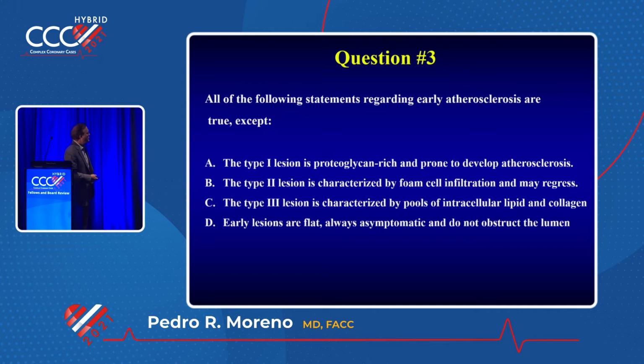The type 2 lesion, the fatty streak, is characterized by foam cell infiltration and may regress. Type 3 lesion, the pre-atheroma, is characterized by pools of extracellular lipid and collagen. Early lesions are flat, always asymptomatic, and do not obstruct the lumen. Which is the wrong statement?